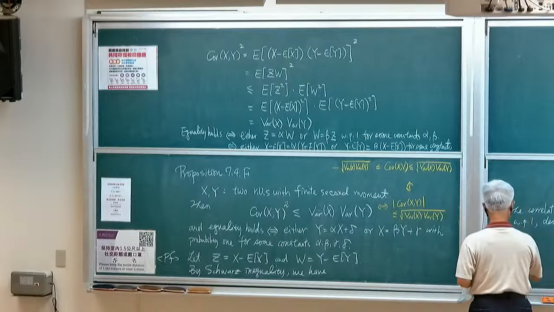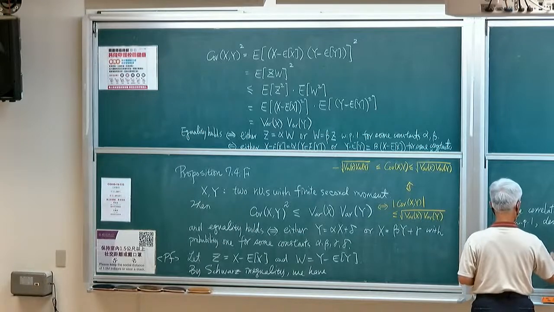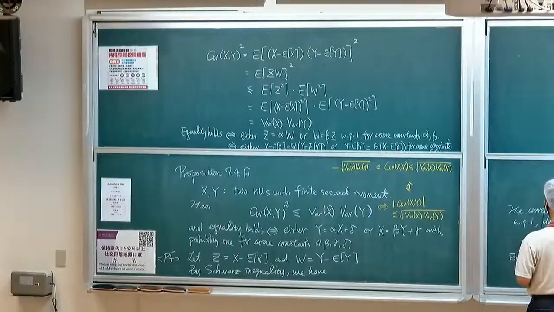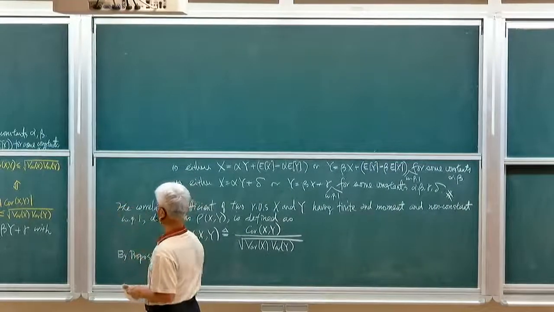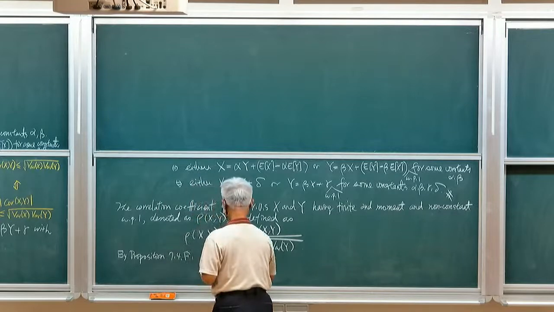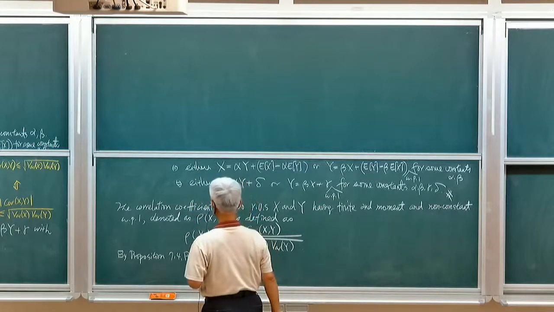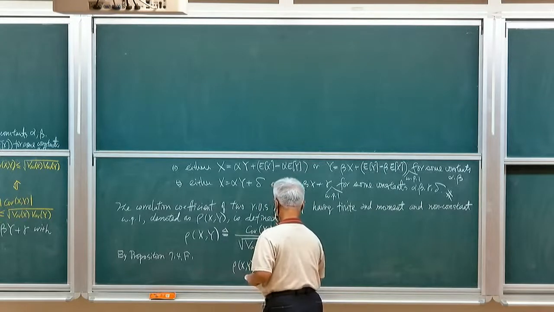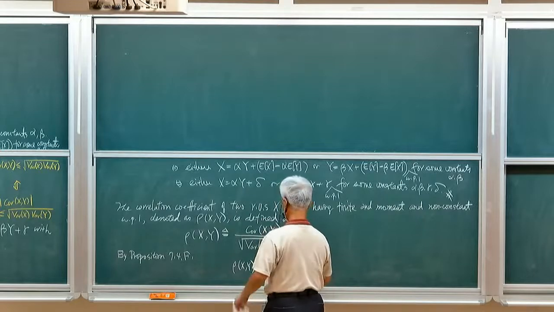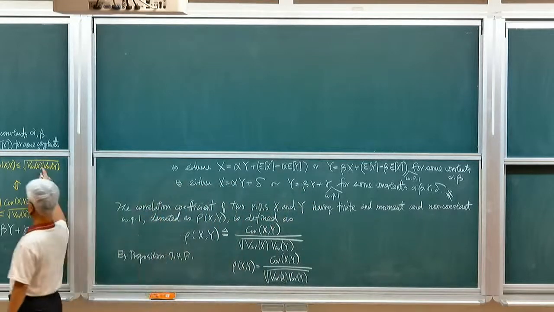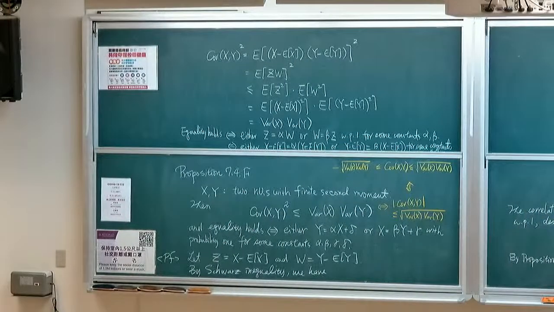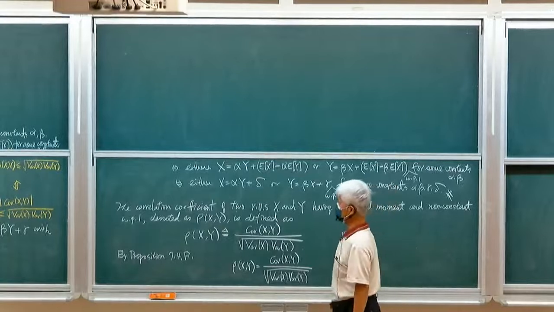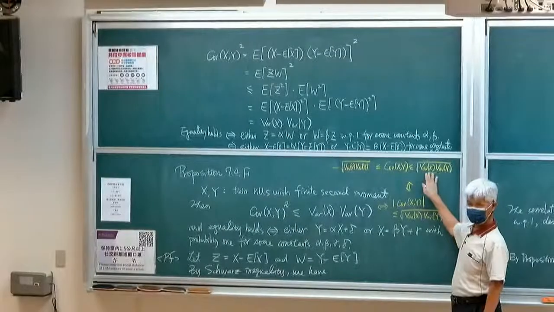So by proposition 7.4.f, by this proposition, we know the correlation coefficient, now because X and Y are non-constant with probability 1, this product is non-zero.